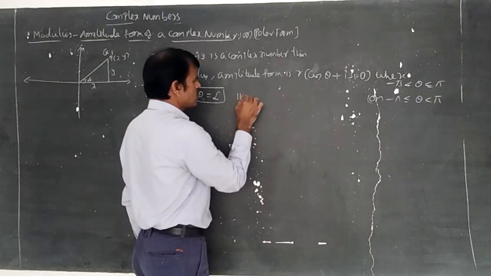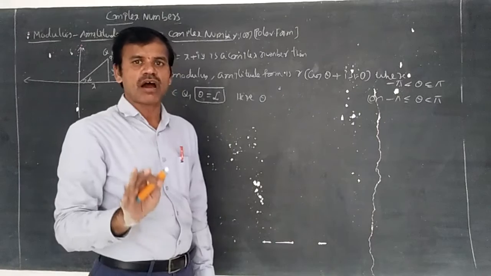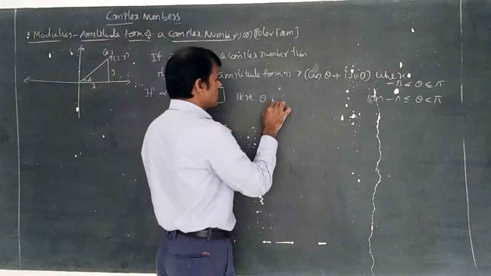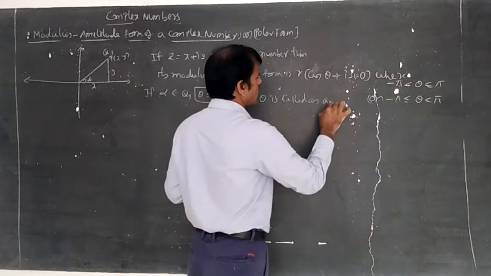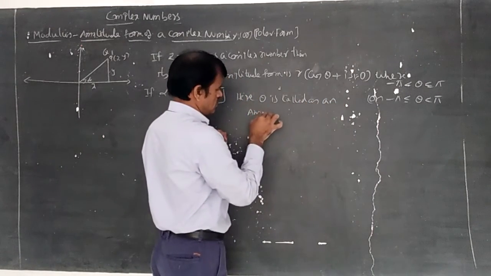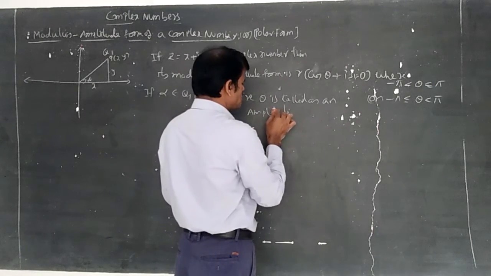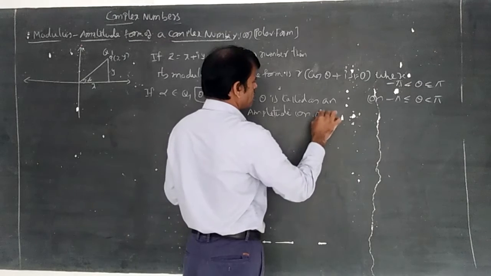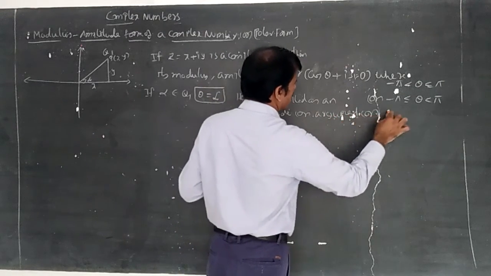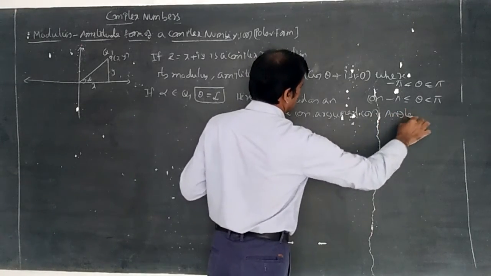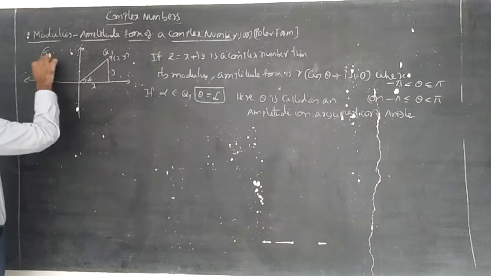Here theta is called the amplitude. Amplitude is nothing but angle or argument. This is the Q1 position. Put Roman number 1 here.